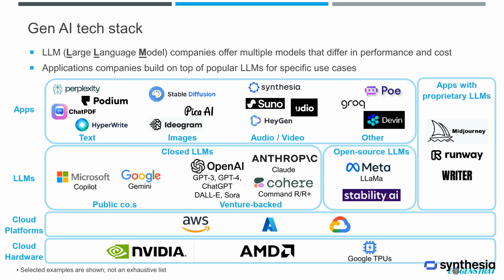Many of the proprietary LLM companies are venture-backed, such as OpenAI, the maker of ChatGPT. Another popular VC-backed LLM company is Anthropic, the maker of Claude. Last are apps companies. Most are built on top of popular LLMs to serve specific use cases, but a few have built their own LLMs.